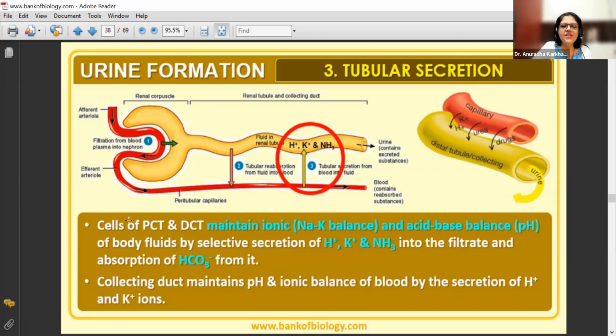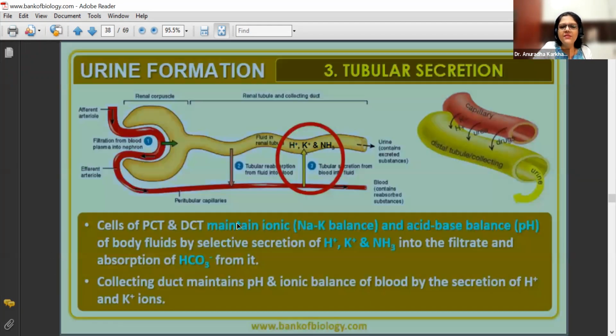See, in tubular secretion, what is happening? Cells of the PCT and DCT maintain ionic balance and acid-base balance of the body fluids by selective secretion of H+, K+, and NH3. This is your vasa recta area, and it has blood. They will give out H+, K+, and NH3, which will enter into the tubule.